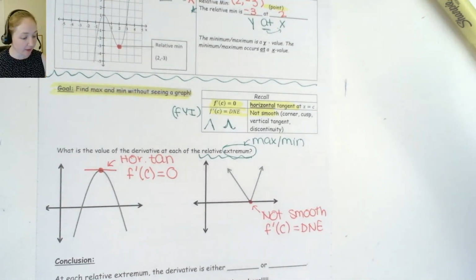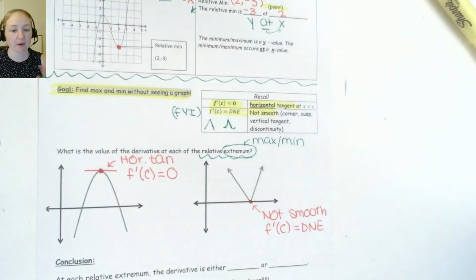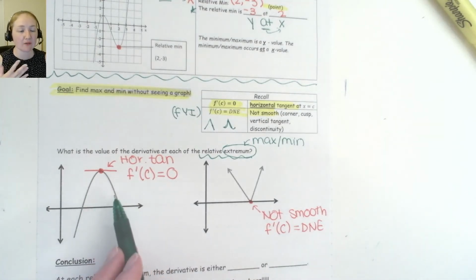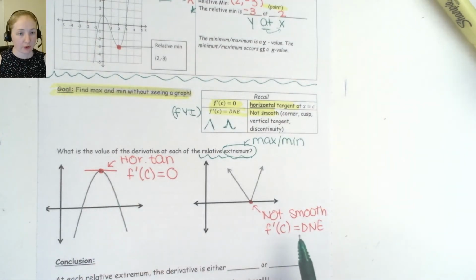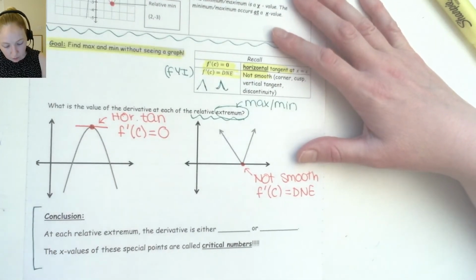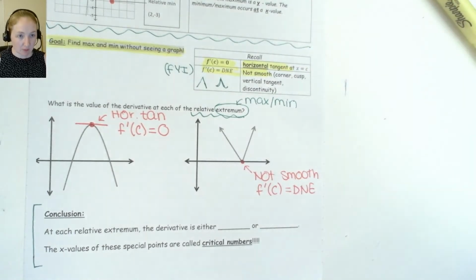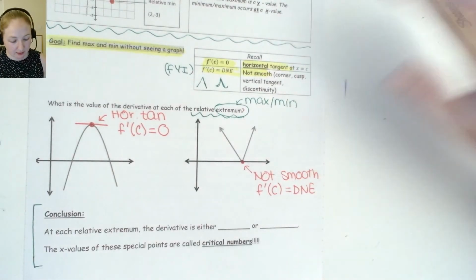So again, you can play around with this. I used to really enjoy playing around with the different graphs, but I challenge you to draw a graph where you're not going to see that the max or min happens at that horizontal tangent or where the derivative is not smooth.